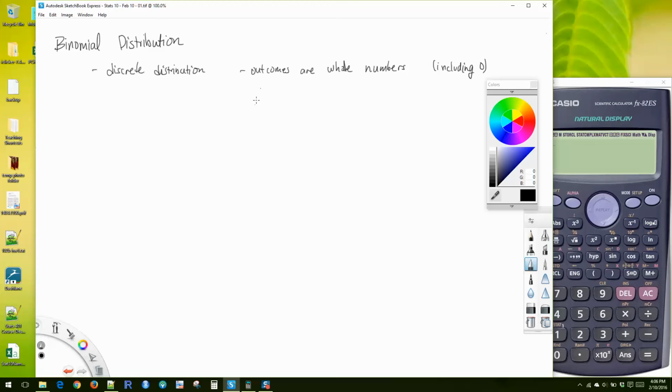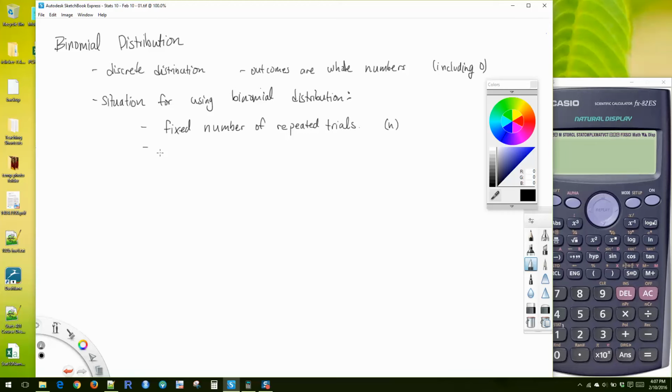Okay, so this is the situation where we use a binomial distribution. You have a fixed number of repeated trials, and that fixed number is n.